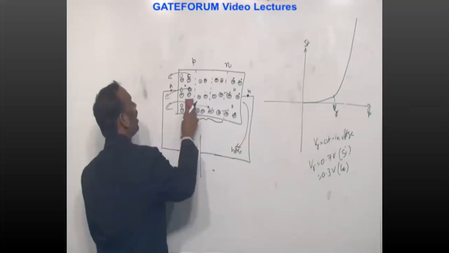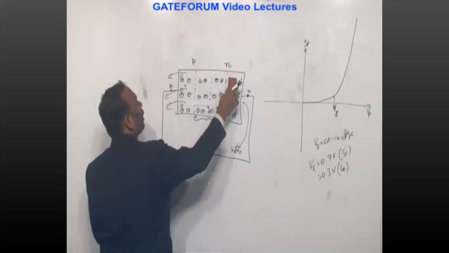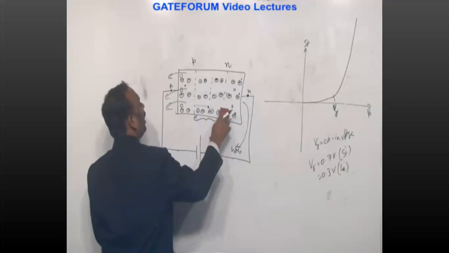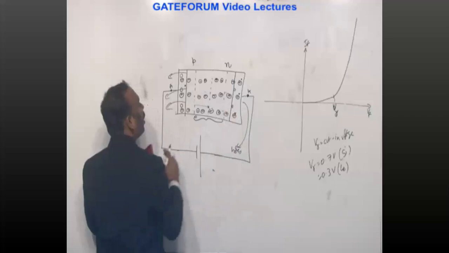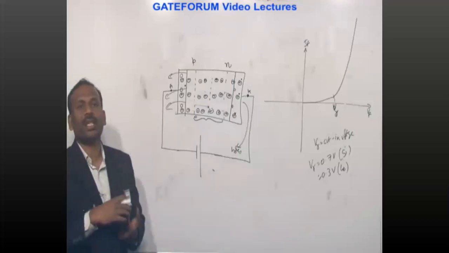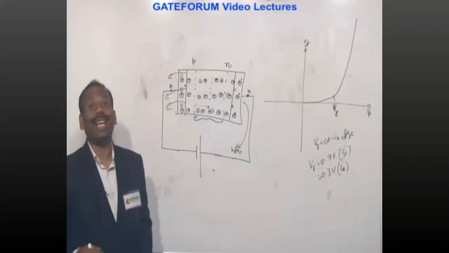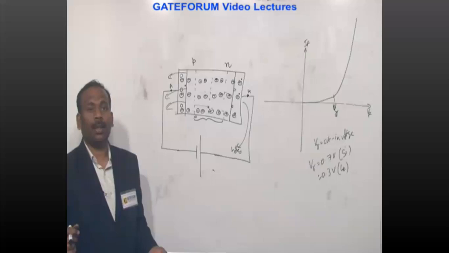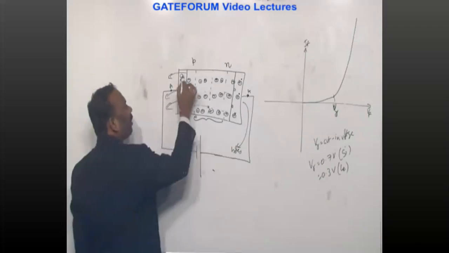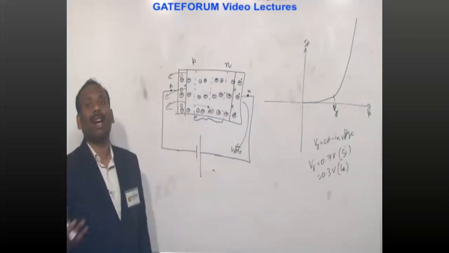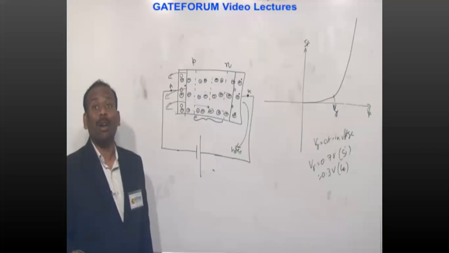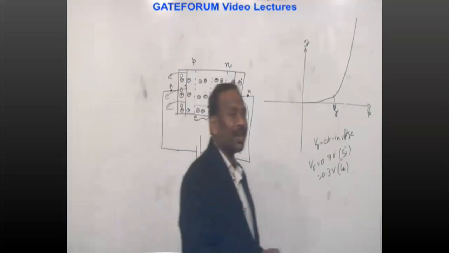Now what is going to happen? Charge carriers are moving away, which means the width of the depletion layer increases. The width of the depletion layer further increases. So if you apply a reverse voltage, the width of the depletion layer increases.